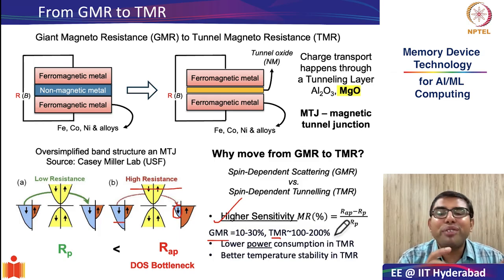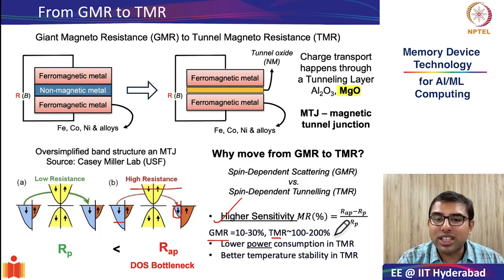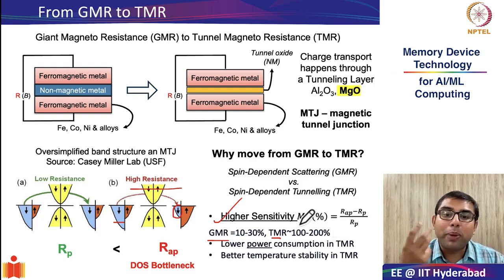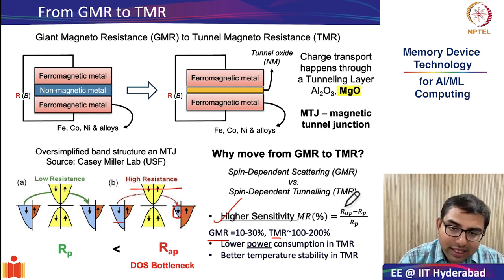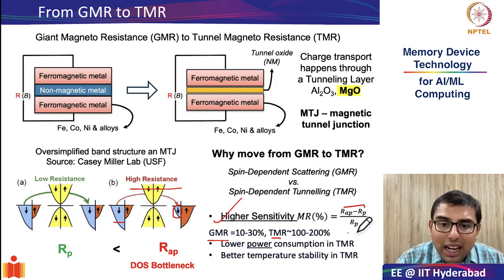It is a slightly modified version of your memory window, which is the ratio of high resistance state to low resistance state. In magnetoresistance percentage parlance, sensitivity is the difference between the anti-parallel state and the parallel state divided by the parallel state, which is the low resistance state.